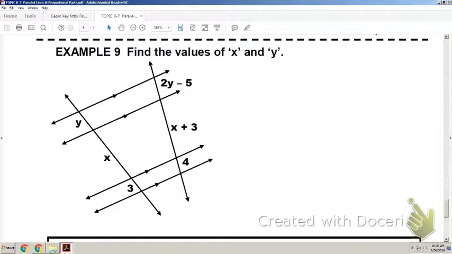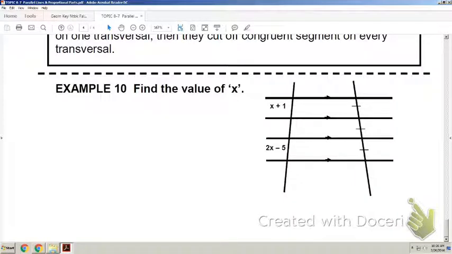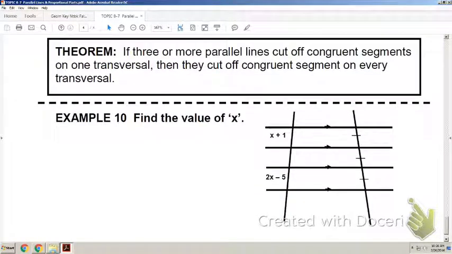Okay, one more. And this theorem is probably one of the easier ones. It says, if 3 or more parallel lines cut off congruent segments on one transversal, then they cut off congruent segments on every transversal. So what that means is, if all of these sides are equal to each other, then so are these sides.